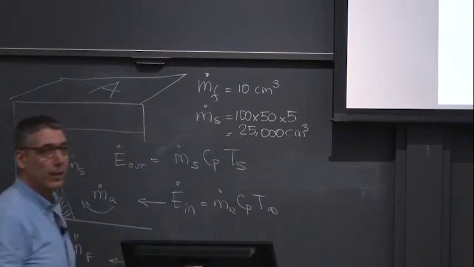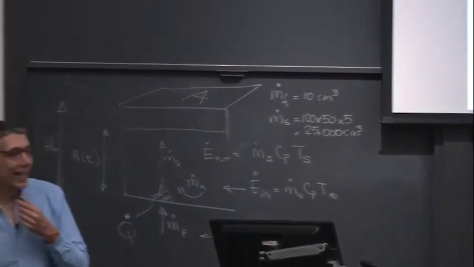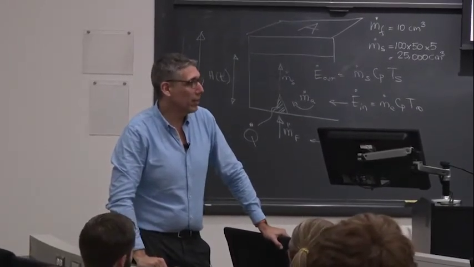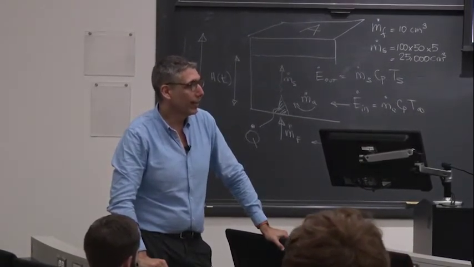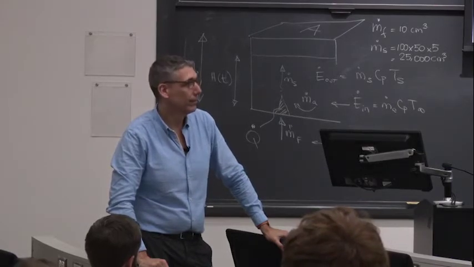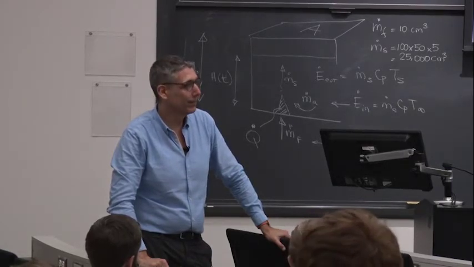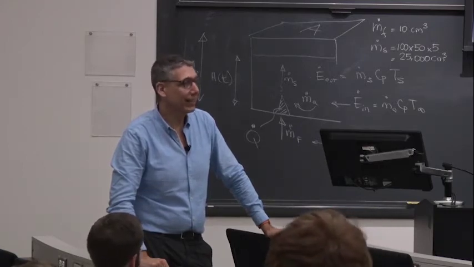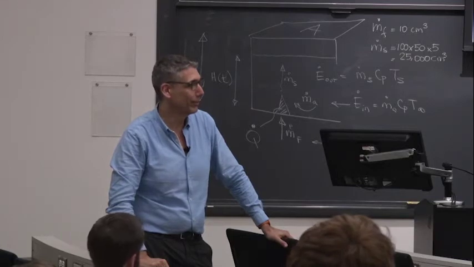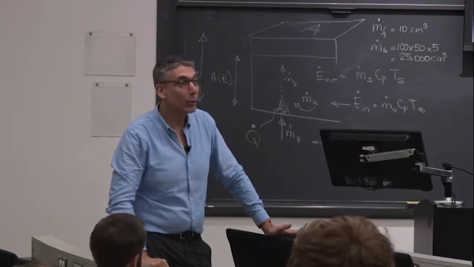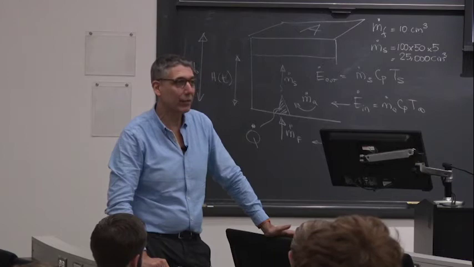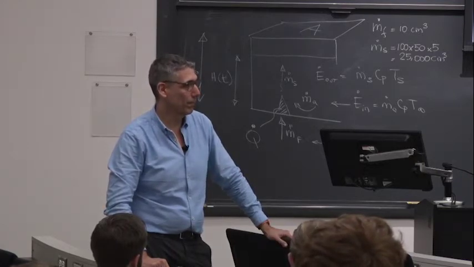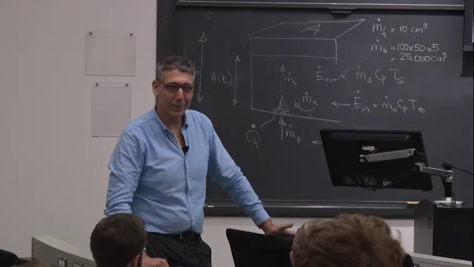That's my MS. So therefore, what is my MA? 24,990. Which one is bigger? Can I neglect the amount of fuel? When I'm doing conservation of mass and I have MA plus MF equals MS, is that okay?